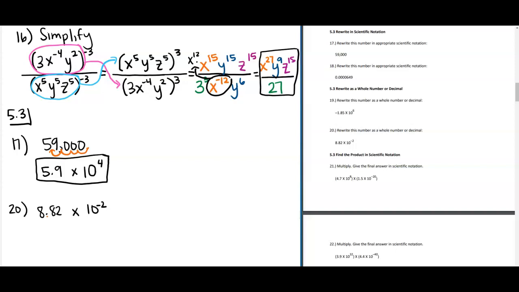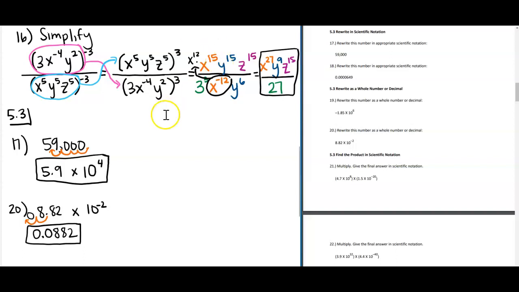So my decimal point is here. I need to move it 1, 2 places over. So that means I now have my decimal point here, and I've got to put a 0 in place there. So I'll end up with 0.0, if I put a 0 there, 882. And that would be my answer in standard form.